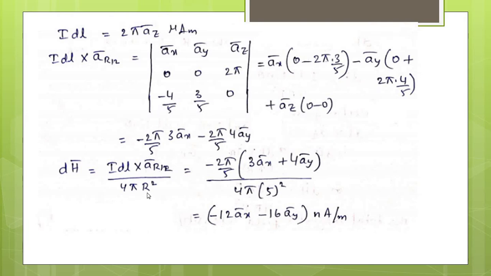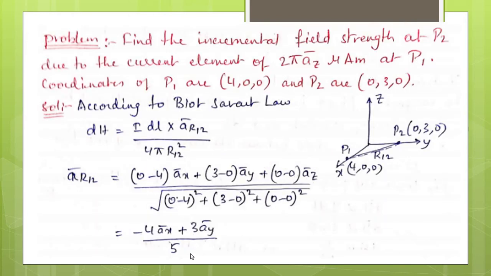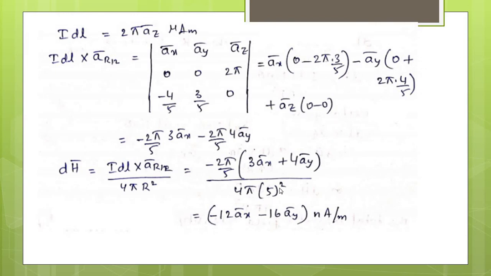dH is equal to I dL cross aR12 by 4 pi R square. Here 2 pi by 5 is common, so you can put it outside the brackets and write (3 aX plus 4 aY) by 4 pi. Here R is the magnitude, which we got as 5 in the previous step, so write 5 square in the denominator.